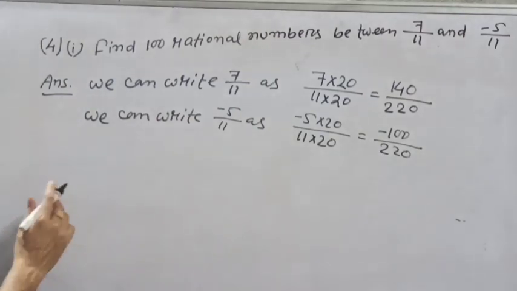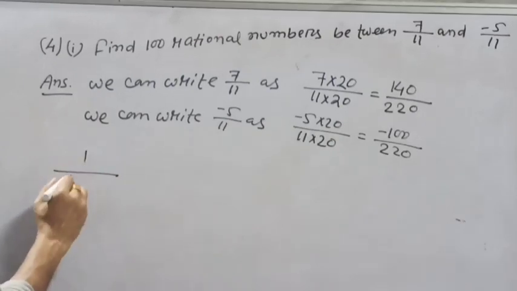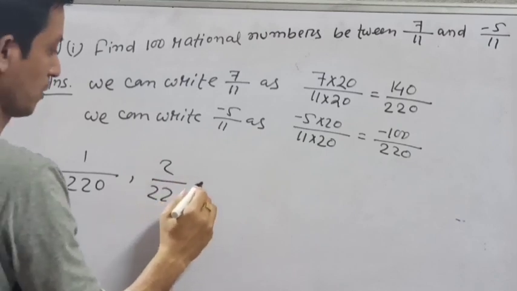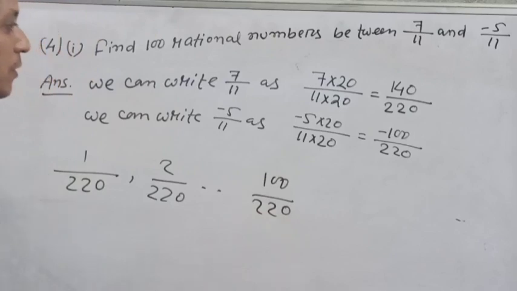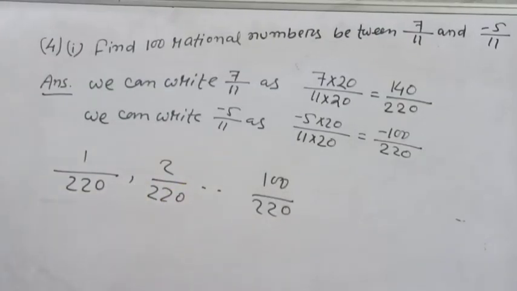So here we get 1 by 220, 2 by 220, dot, 100 by 220. So here we get 100 numbers.